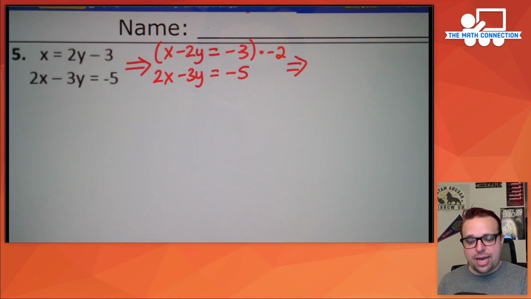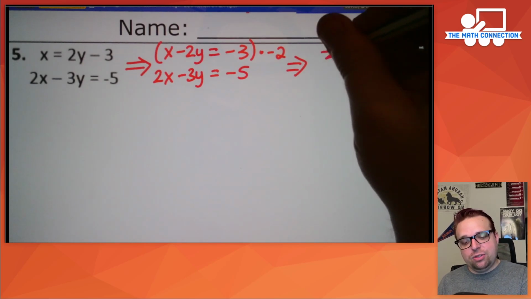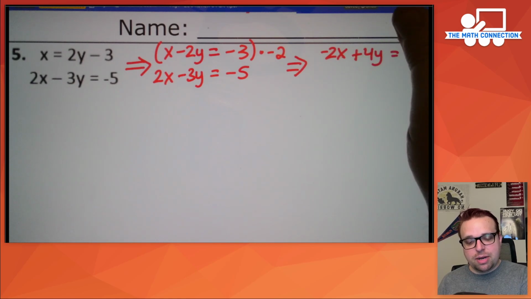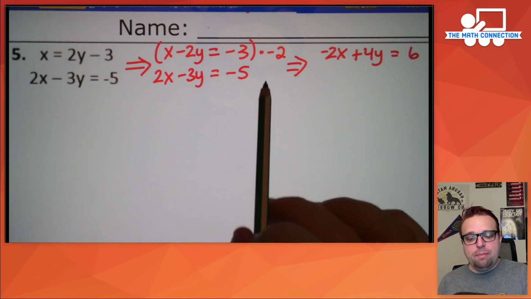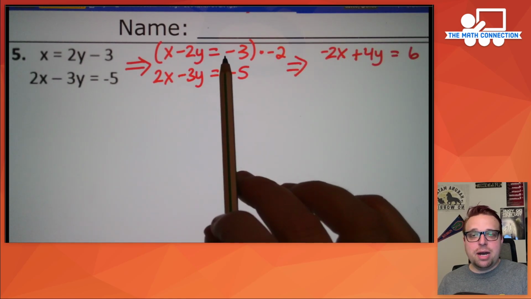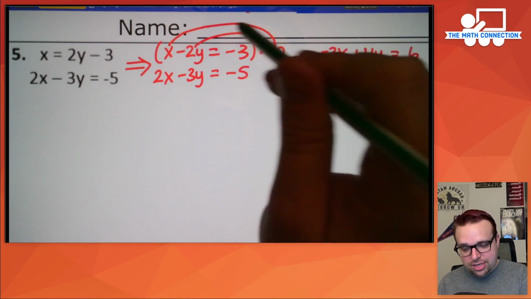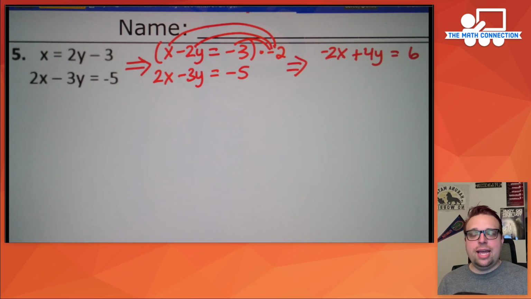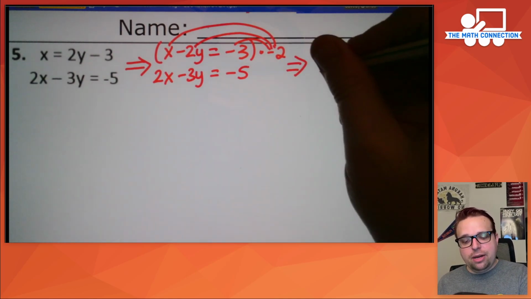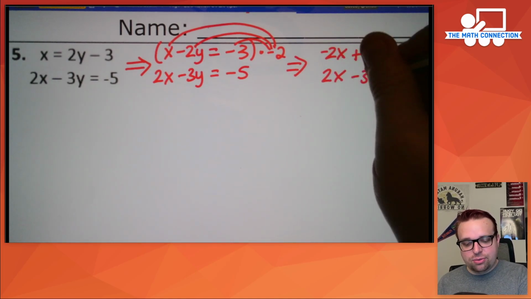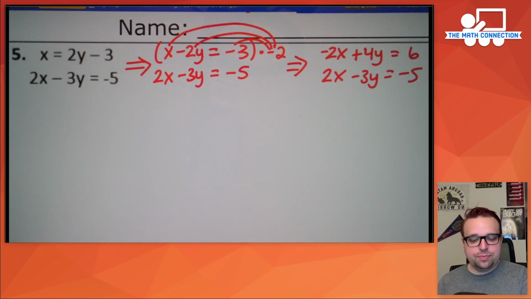So if I do that, then I get -2x plus 4y equals positive 6. Remember, negative times a negative makes a positive, and you need to distribute the -2 to this, to this, and to this, because you can't change one thing without changing the whole thing. Okay, the second equation stays the same, 2x minus 3y equals -5.